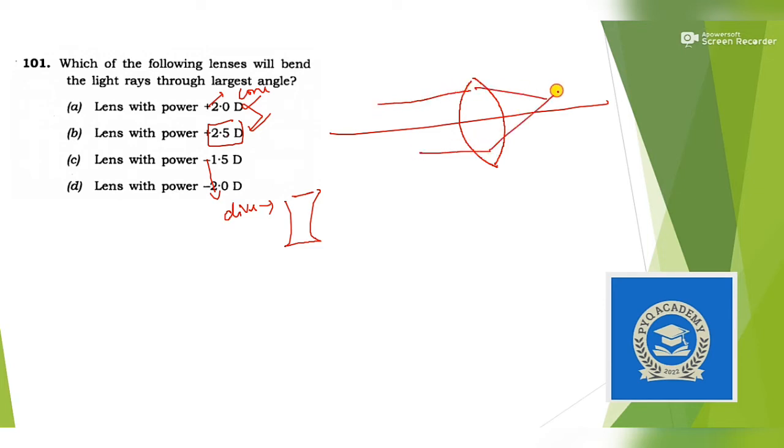At the same time, the concave lenses are diverging lenses, they diverge with some angle. But the angle of deviation, diversion or conversion, will be largest in the case of 2.5.